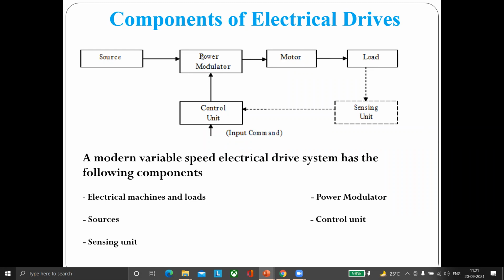In that power electronic modulator, we are using power semiconductor switches like diode, thyristor, IGBT, MOSFET, triac, diac, and so on. By using the power semiconductor devices, we are designing the power electronic modulator, whether it may be a converter, inverter, chopper, and so on.